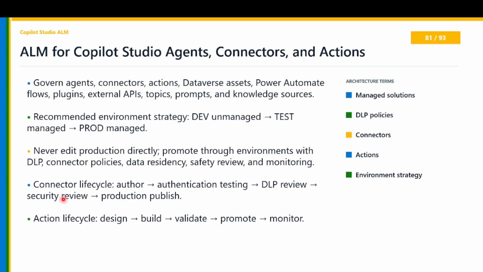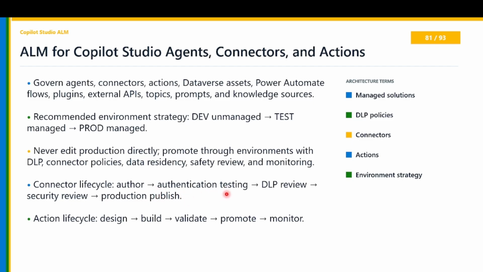Very, very important. So connector lifecycle. So this is the agent connector lifecycle. You have the author, then authentication testing, to DLP review, to security review, to production publishing. So all the connectors should pass through a connector lifecycle. Very, very important. So you have the author of the connector, where the connector is coming from, maybe from Copilot Studio or Foundry.